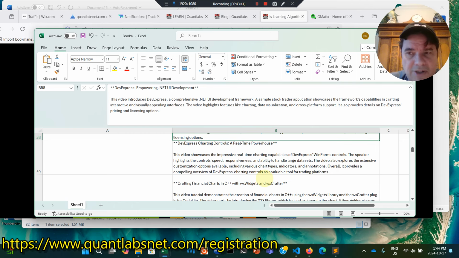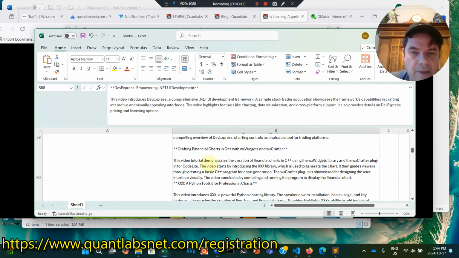Now, if that one's too expensive, there's another one that I've recommended, and it's kind of open source, using open source C++ libraries, and this can actually run on Linux. These use wxWidgets, the framework, which is more GUI, graphical user interface, merged with this particular commercial but affordable trading charting package.